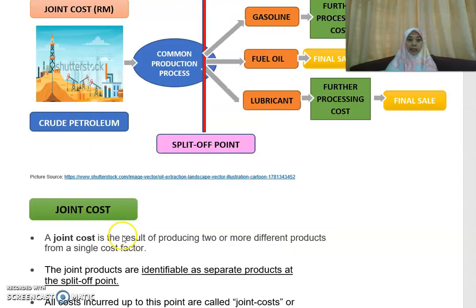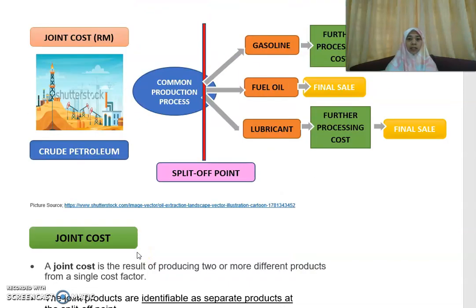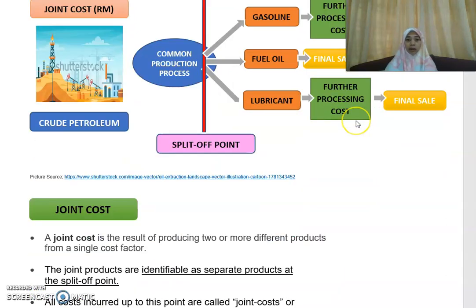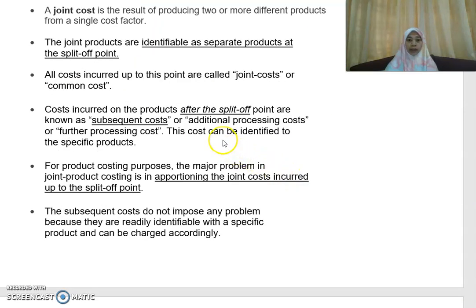Costs incurred on the products after the split off point are known as the subsequent costs, additional processing costs, or further processing costs. So here, if you were to incur any more costs, this will be your further processing costs, or your additional costs, or the subsequent costs.